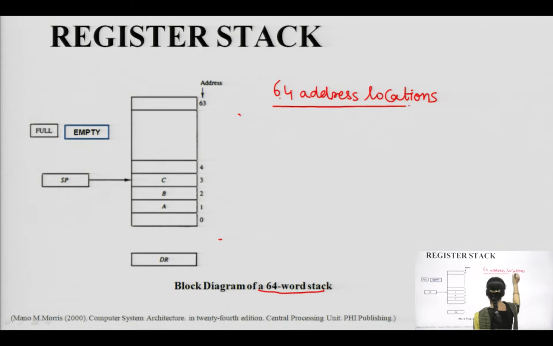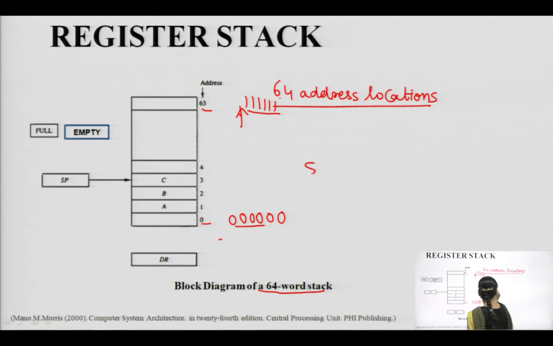These 64 address locations are represented from 0 to 63 in decimal and 6 zeros to 6 ones in binary. So, the value of the stack pointer will also lie between these values.